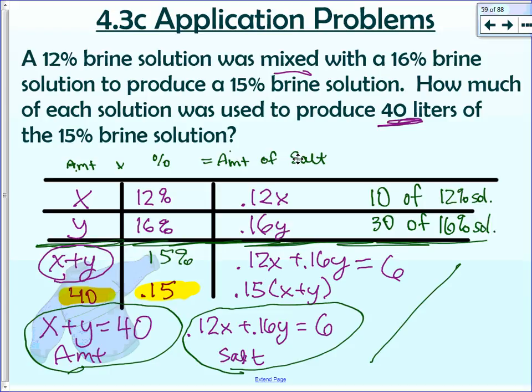Okay. So I just wrote right here what Isabel found. She found 10 liters of the 12% solution and 30 liters of the 16% solution. Or you could have done the elimination method. If you were to use that, I probably would have multiplied through by 100 so you didn't have decimals to make this 12x plus 16y equals 600.